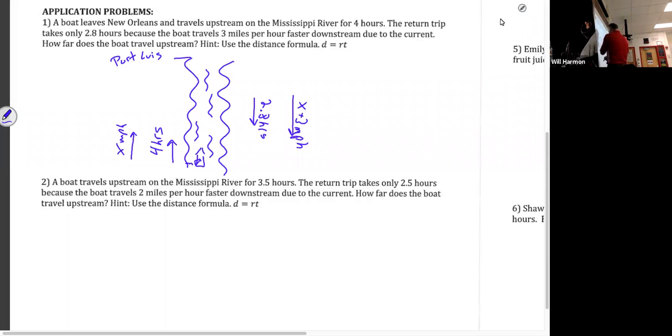From Port Chucky. So we're leaving Port Chucky and we're going up to Port Louis, okay? Isn't that the same distance as going from Port Louis to Port Chucky? Same distance, right? It doesn't matter if you're going upstream or downstream, correct? So going upstream, all right? So let's think about this. The distance is the same.